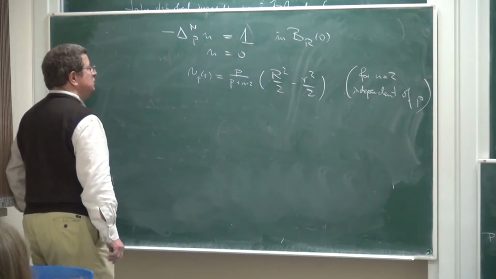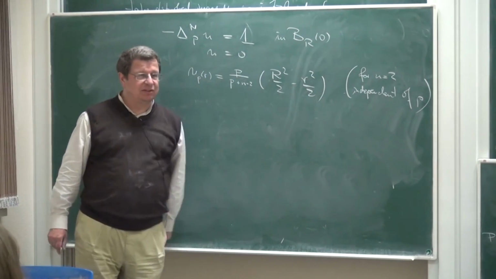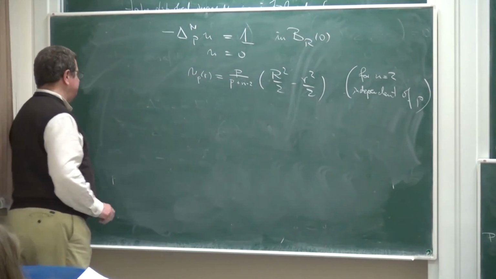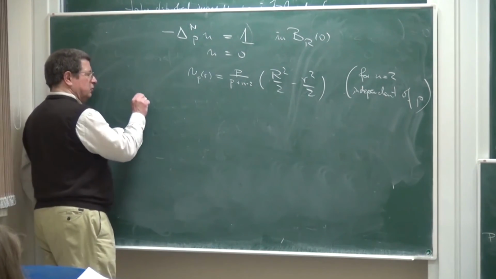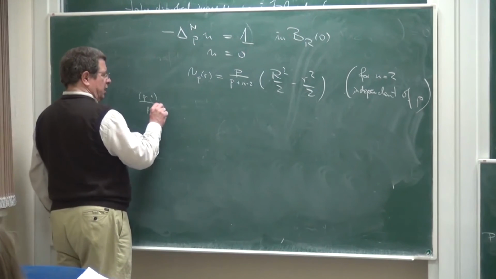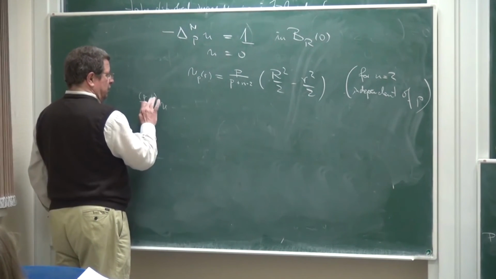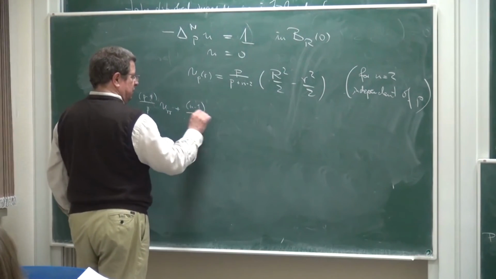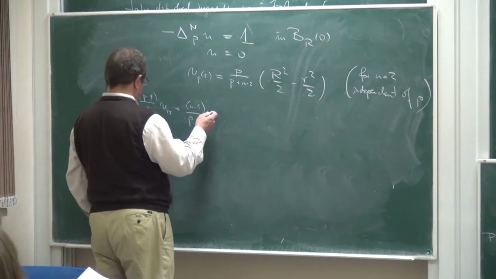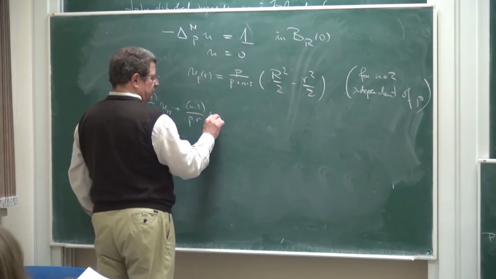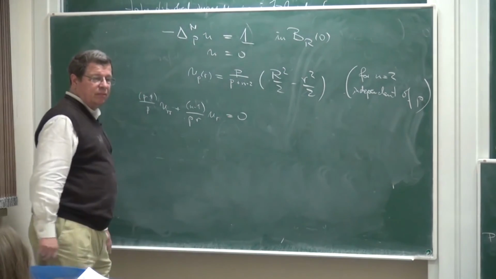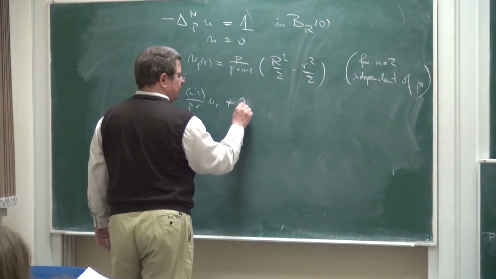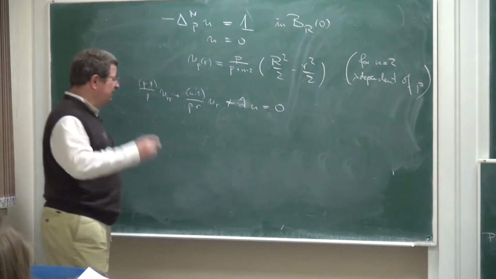Another thing that you can do is try to study eigenfunctions of this equation. The equation was again, what was it? (p minus 1) over p, u double r, plus (n minus 1) over (p times r), u sub r, plus lambda times u equal to 0.